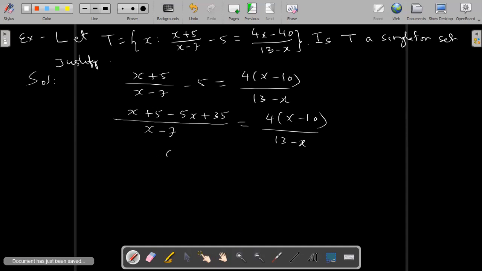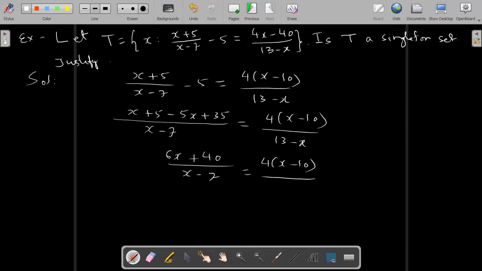So 5x plus x, 6x plus 35 plus 5, 40, divided by x minus 7 is equal to 4 into (x minus 10) by (13 minus x).